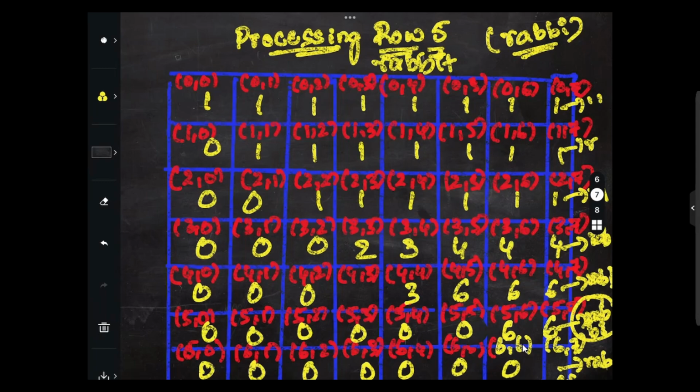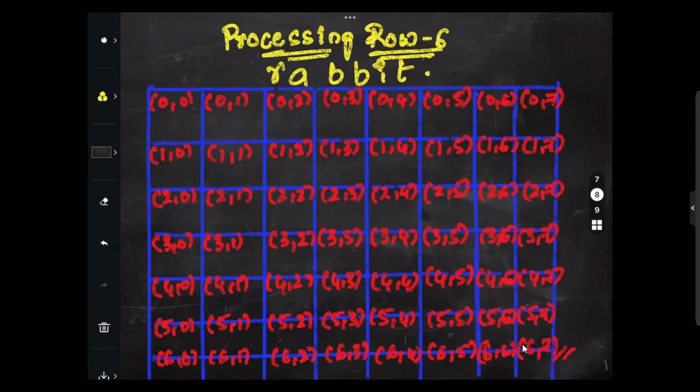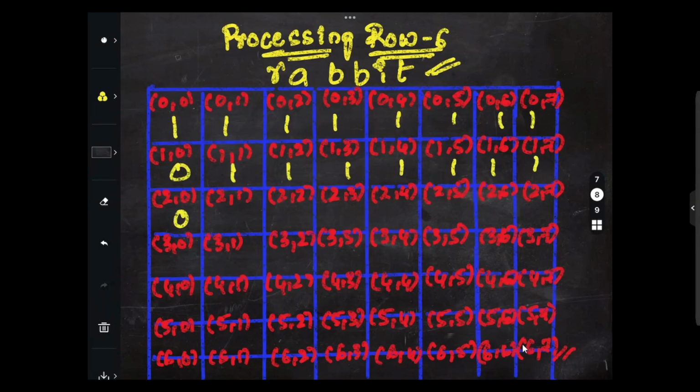So the final step here, let's process the last row. Let me write here. Sorry, this one has to be 1. This is fine. This one has to be 1 as well. This is fine. This one is 0.